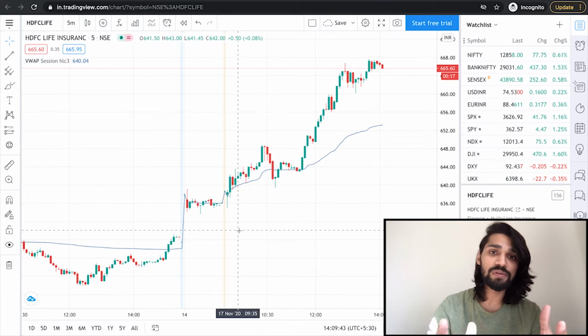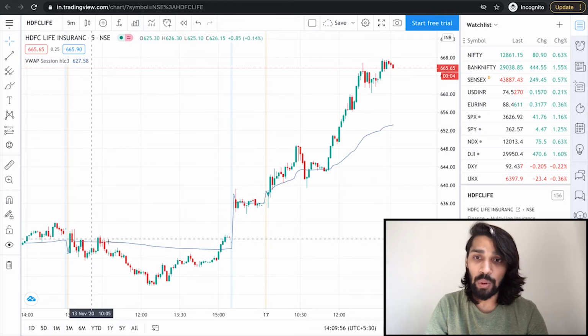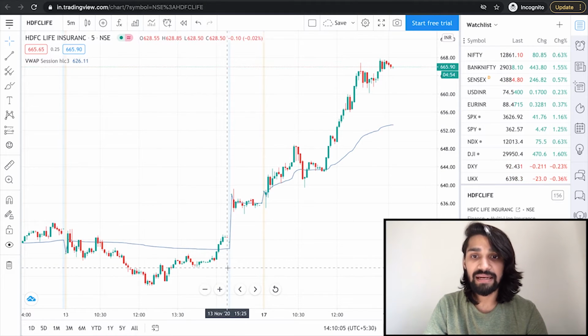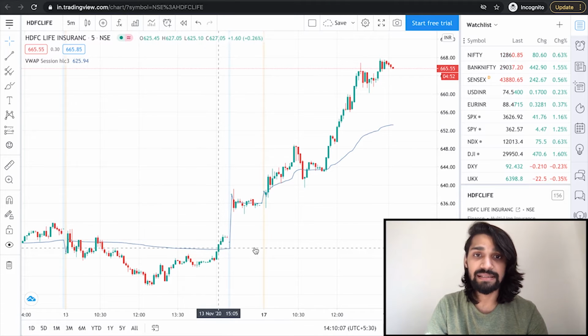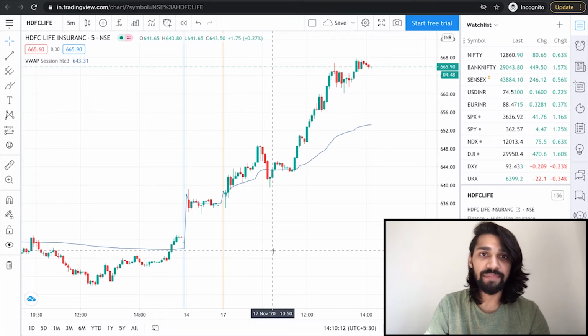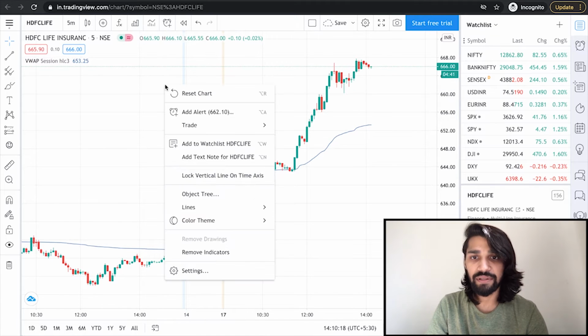So VWAP also gives you a buy or sell signal. It is very simple here too. If the candles are below the line, then you shouldn't buy the trade. And if the candle has crossed the line and it is above the line, then it is in a bullish sentiment, and you can consider entering the trade. Okay, so that was the VWAP indicator for you.